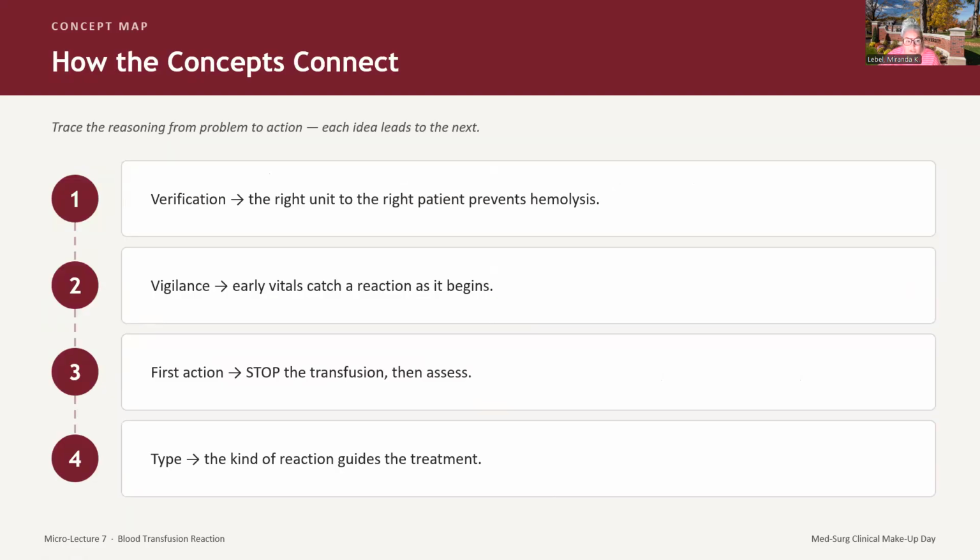We want to verify, make sure that we have the right unit to the right patient to prevent that hemolysis. Our vigilance is early vitals, catching a reaction as it begins, and then we can stop it and help the patient feel a little bit more comfortable right away. Our first action when we have a reaction is to stop that transfusion, then reassess our patient. And type, we want to understand the kind of reaction because it's going to guide the treatment.